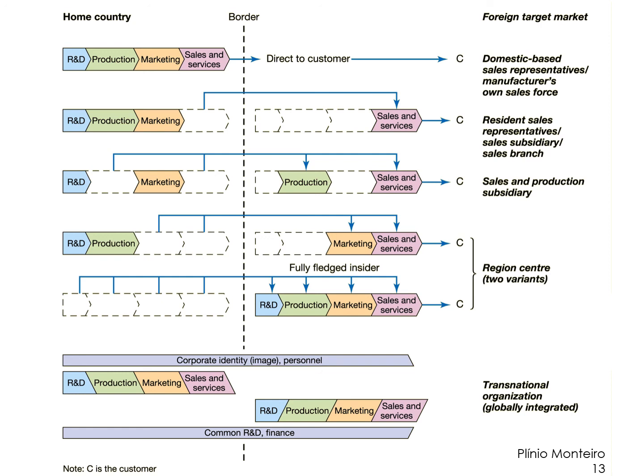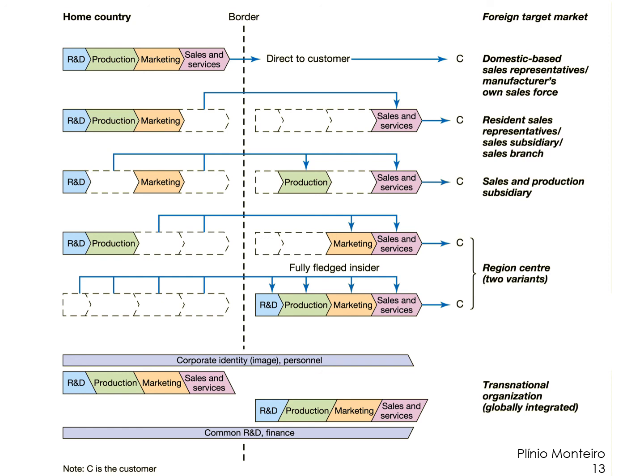In that case, you develop the technology and the business process in the home country, and also you create the marketing of your business in the home country. But then you have a subsidiary in the target market that will produce your services or products, and also you will sell the products in the target market.